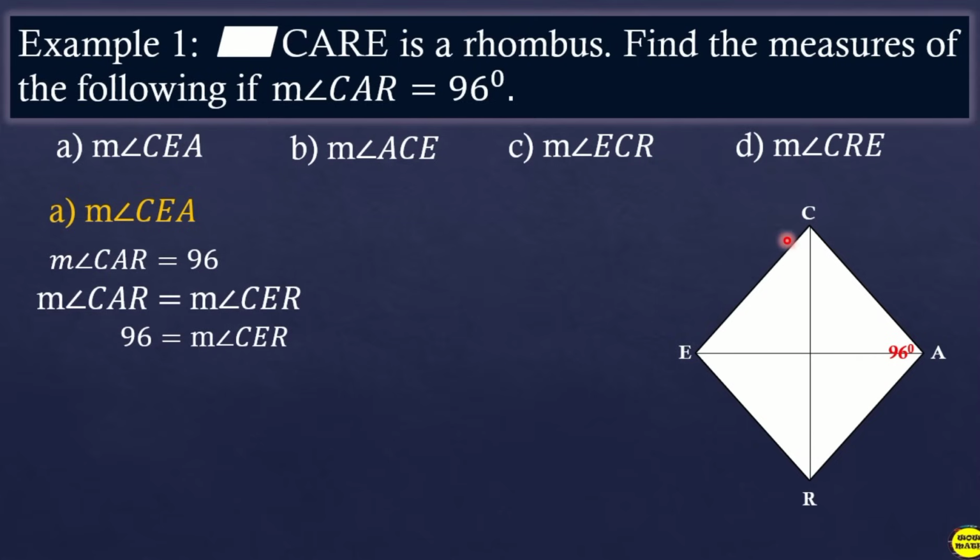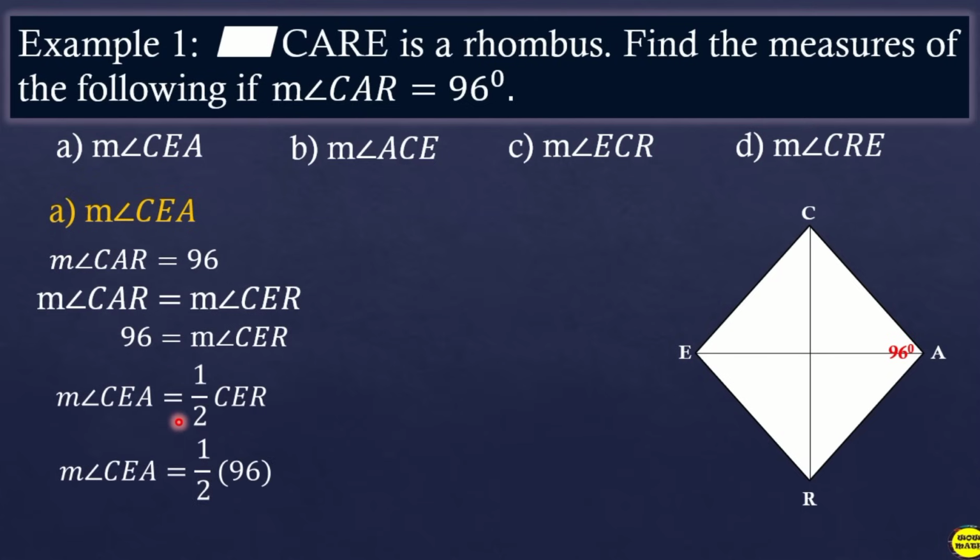So, si CER, kukunin natin yung half ng measure niya kasi ang hinahanap lang is CEA. Okay? So, kukunin natin yung kalahati. Para makuha natin si angle CEA, we will get half of CER which is 96. So, that is the measure of angle CEA is equal to 1/2 of 96 and that is 48.